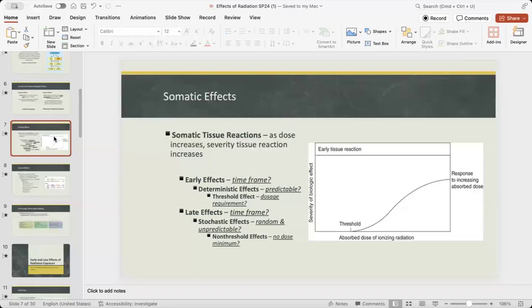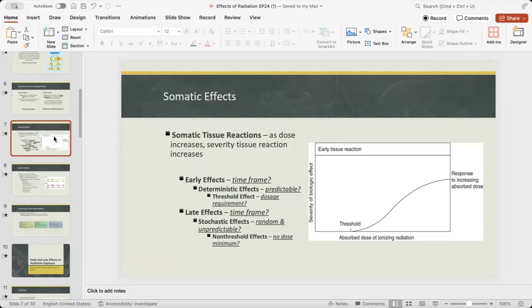Depending on the amount, we could experience hair loss, decrease in sperm cells, the skin erythema. So that's only going to occur at a specific dose.